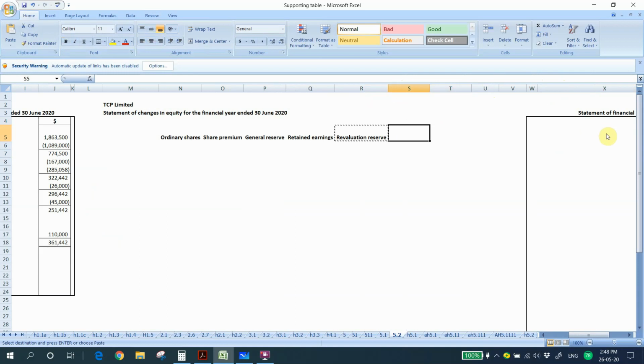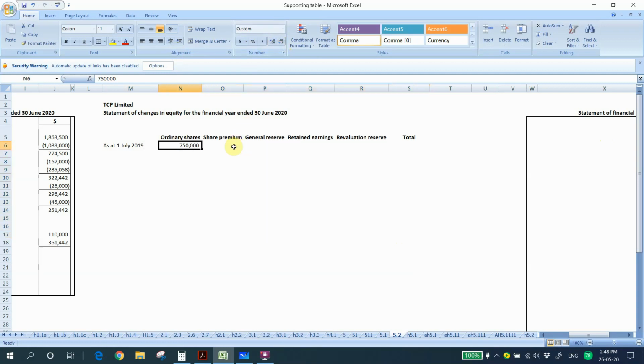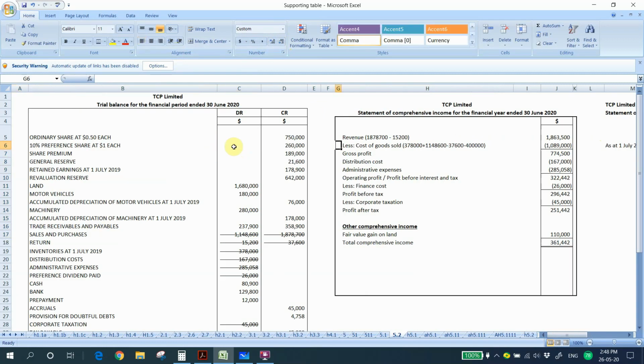And followed by a total. So we start from the first date of the year as at 1st July 2019. So the ordinary share is 750. Share premium 260.